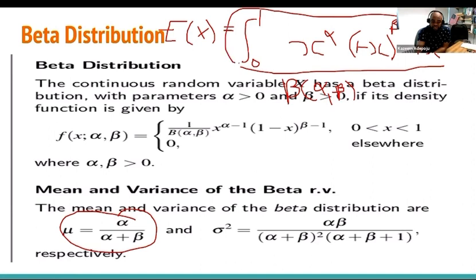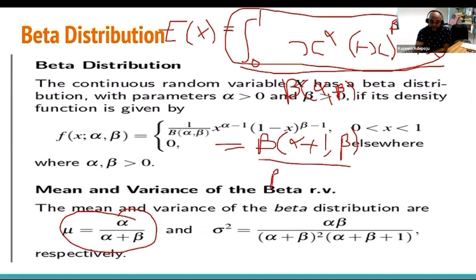I can use the idea of a beta function. The numerator here can be written as B(alpha plus 1, beta), divided by B(alpha, beta). So I can now apply the knowledge of the incomplete beta function.